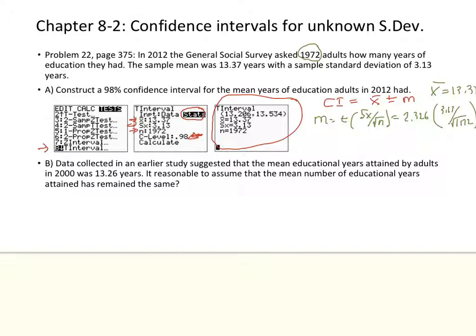So once we have the margin of error, we then can get a lower bound and an upper bound from our point estimate.